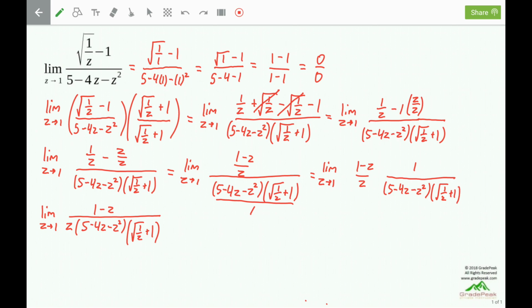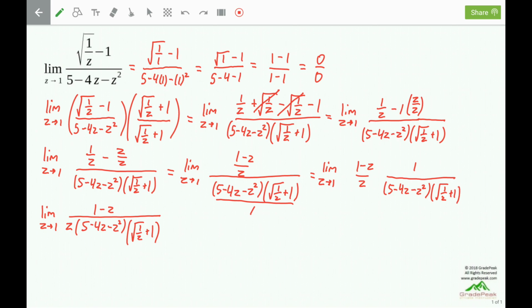After having done the common denominator method, we've now turned this into power functions. We're getting a 0 in the numerator because of this, and we're getting a 0 in the denominator because of this. So these will need to be factored so that we can cancel out the common factor that is making the 0 over 0. Z is going to 1, so the factor will be either 1 minus z or z minus 1.